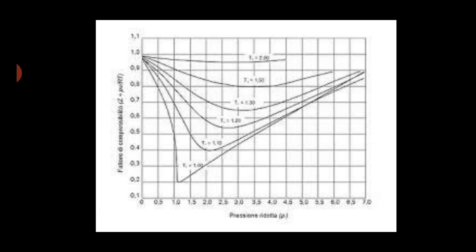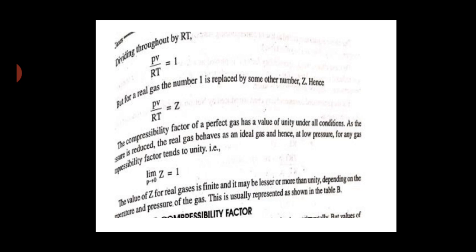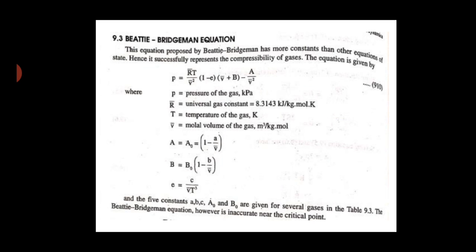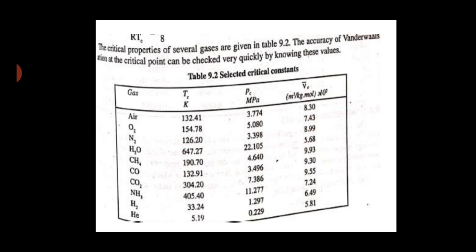Now this is a table for critical constants. You can see the table for nitrogen, that is the third row.